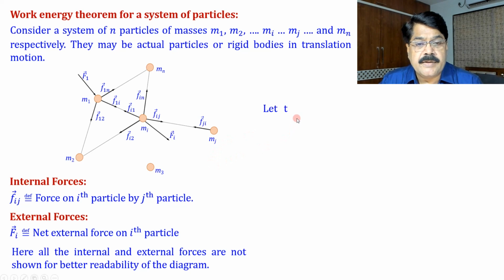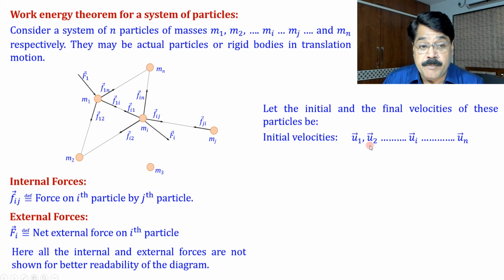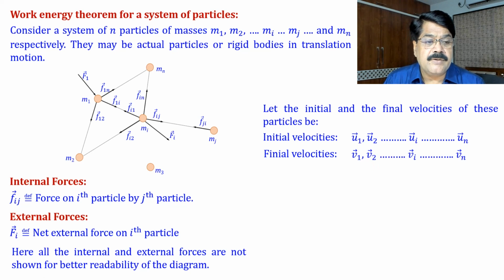The initial velocities we denote by u: u1, u2, ui and say un. Here u1 is the initial velocity of m1, u2 the initial velocity of m2 and so on. Similarly, for final velocity we use v. Final velocities v1 vector, v2 vector, vi vector and so on, vn vector. No need to explain, v1 is the final velocity of m1 and so on.